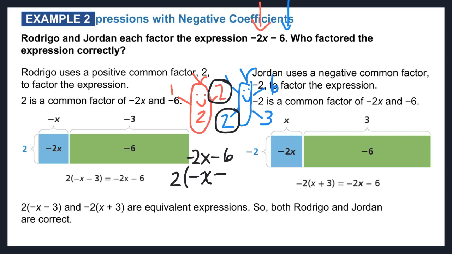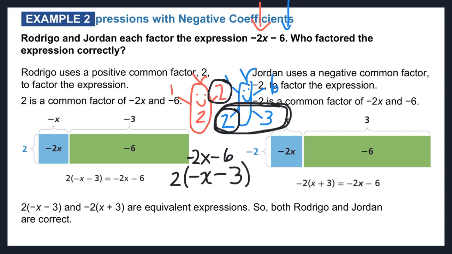Bring down my subtraction sign. Now I'm at the 6. Looking at my 6 bug, if I've already got the 2, I am missing the other leg that goes with it. I'm missing a 3.